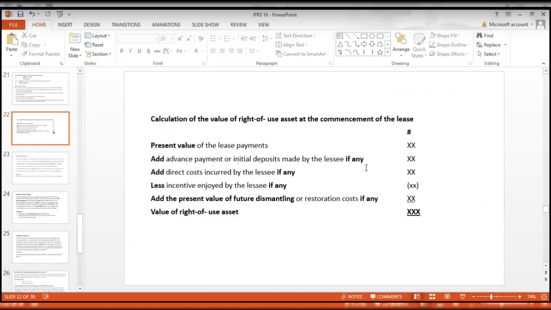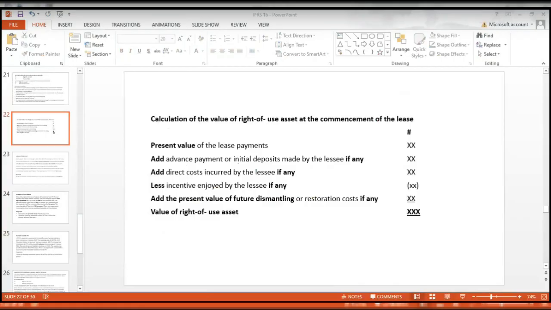What we did in determining the value of the right of use asset is to look at the 5 years period that these will be done. Now there's an advance payment. We discounted it. Now there is a correction that I need to draw your attention to.